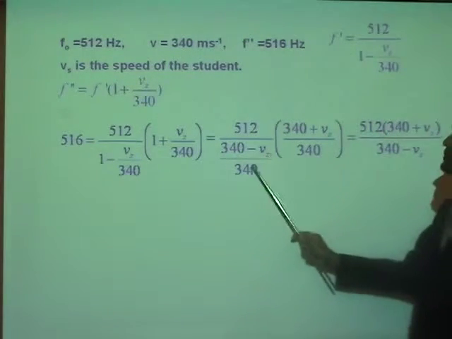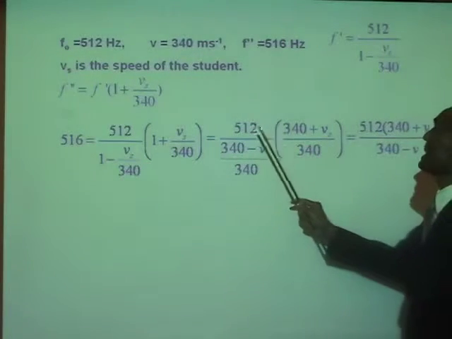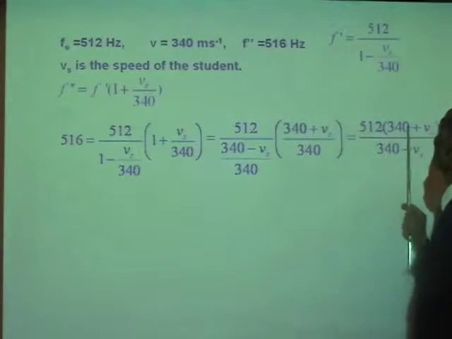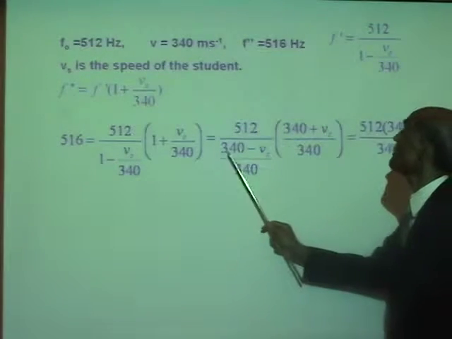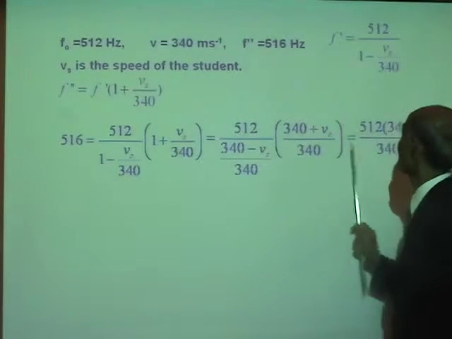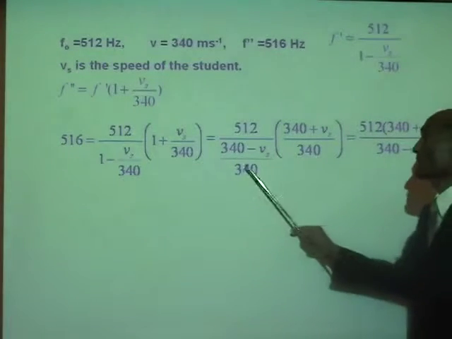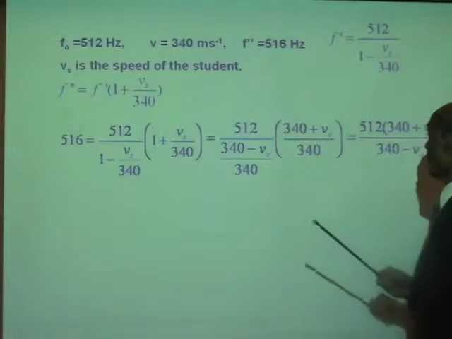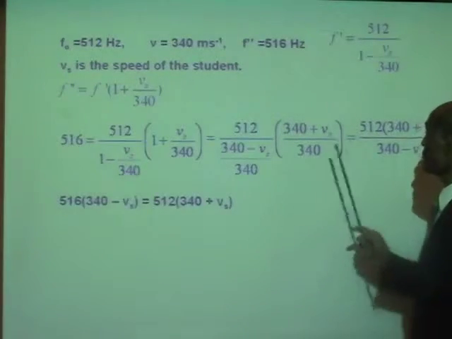So I have cancelled that 340. And my numerator now is 512 times 340 plus Vs. And the denominator is 340 minus Vs. That's because this 340 and that 340 cancel.